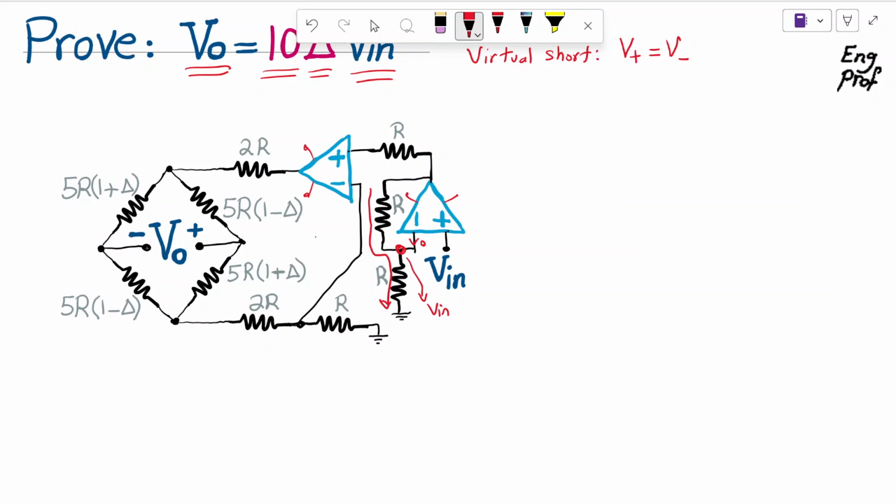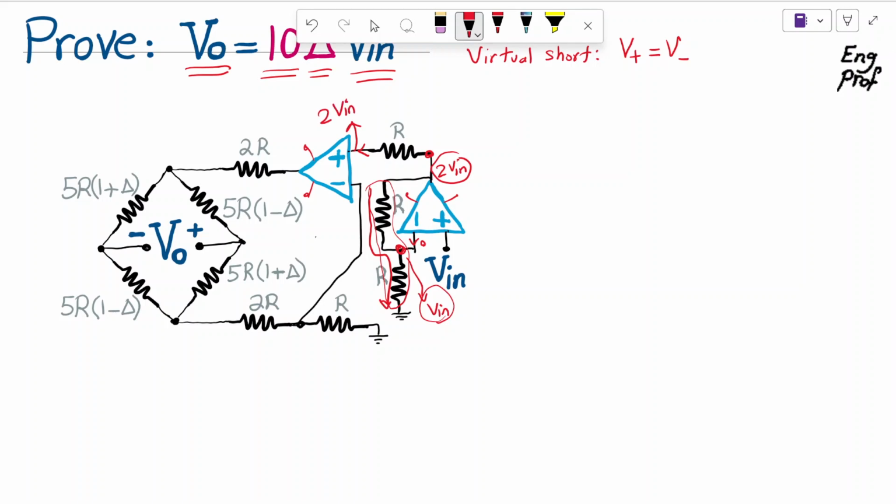Therefore, across 2R in series, the voltage drop will be 2 times Vn, since across 1R it is Vn. So here is 2 times Vn, and because no current can flow through the input of the second ideal op-amp, there is no current flowing through this resistor, so there is no voltage drop. So if here we have 2 Vn, here we also have 2 Vn.